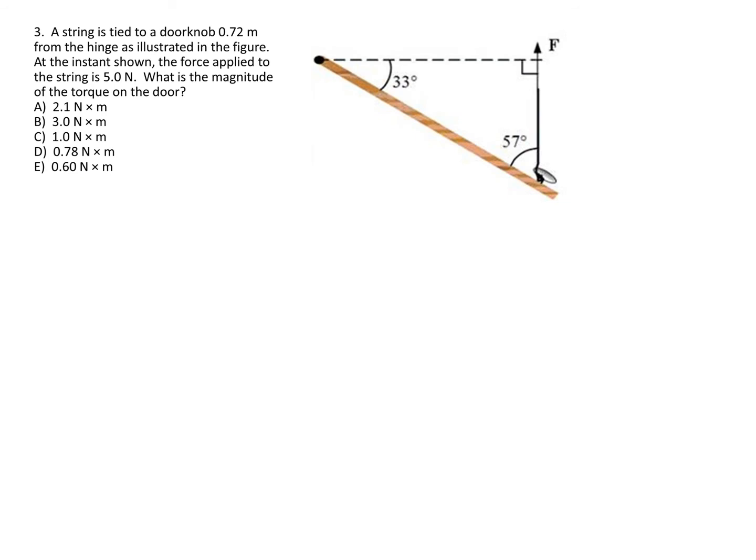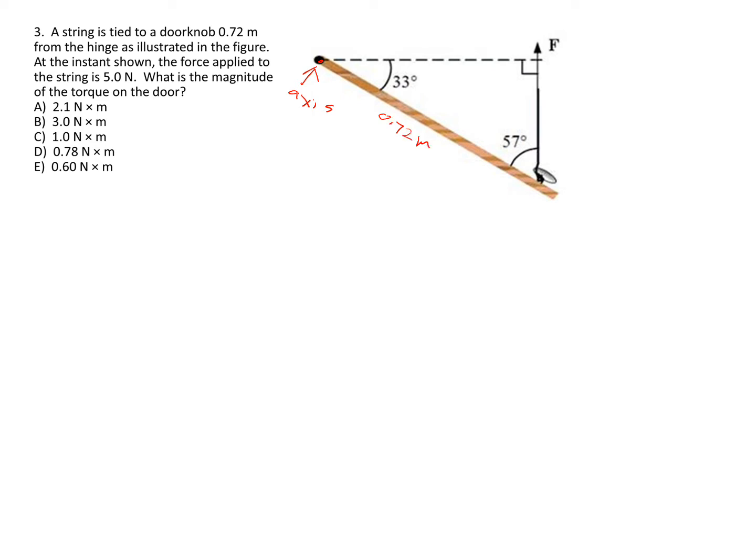Okay, here's another example. A string is tied to a doorknob. This is the doorknob, and this length from the hinge, which is the axis of rotation, is 0.72 meters.